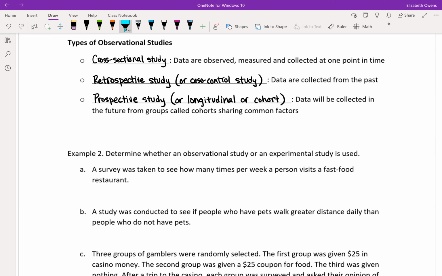That goes nicely with the word retrospective because these are opposites of each other. With a prospective, longitudinal, or cohort study, the data is going to be collected in the future from groups called cohorts sharing common factors. That's why we would call it a cohort study.